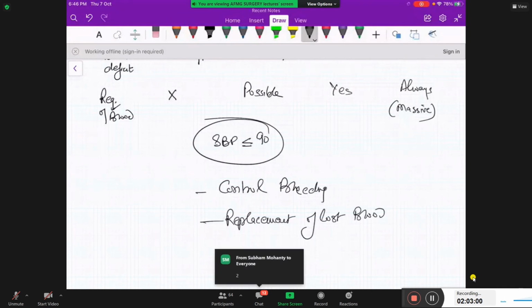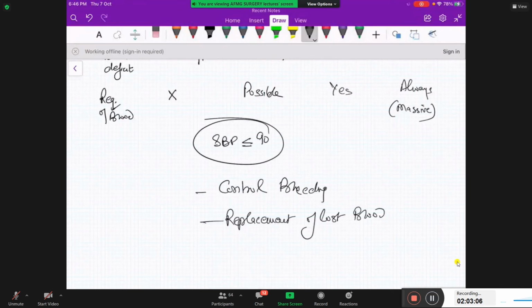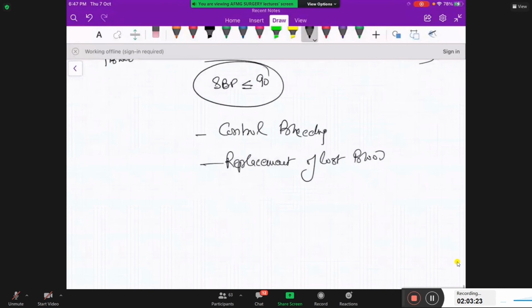Obviously, control will be your priority because if you keep on pouring water from outside, it's never going to get filled up till the time you plug that hole. So you have to plug the hole first. So in any trauma patient, we have to control the bleeding, always. Now we have to replace blood and fluid also.